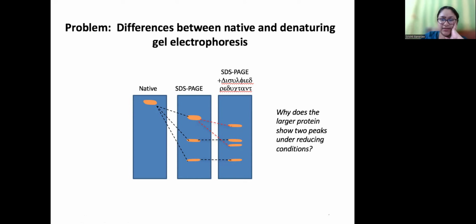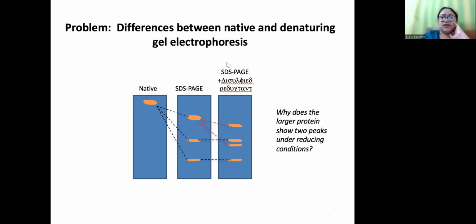And the second question is, why does this particular band have two small bands here and these don't? So why is it so like that? Anyone?